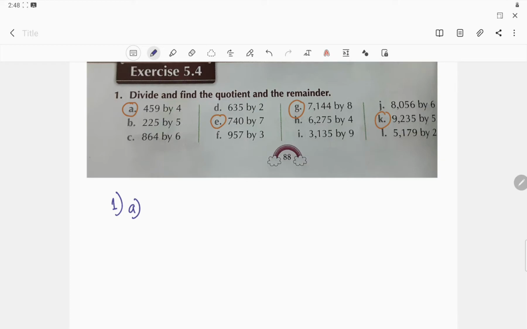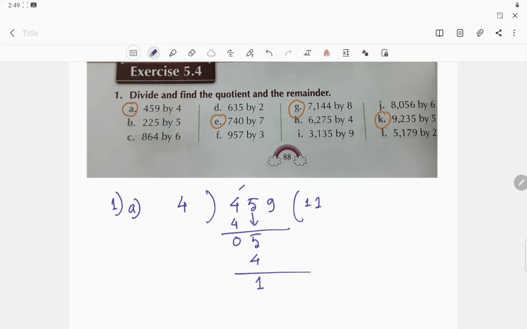It is given, divide 459 by 4. Here 459 is the dividend and 4 is the divisor. At first, you have to start from the left place. The left place is 4. So 4 ones are 4. You will get 0. Now bring down 5. What is the multiple of 4 which is nearest to 5? 4 ones are 4 again.